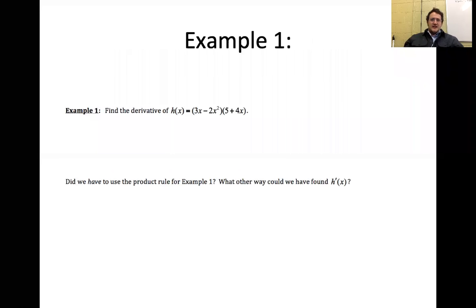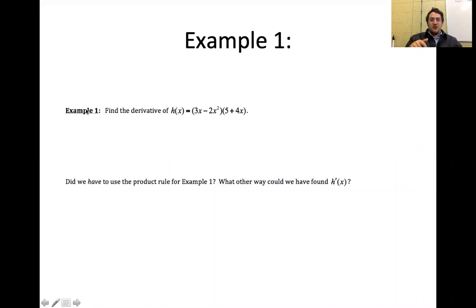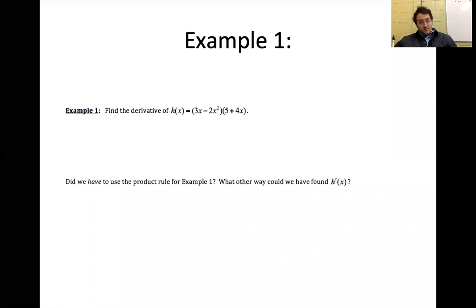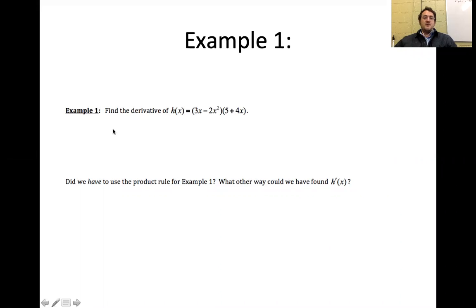Now, example one, you could do the polynomial multiplication or the FOIL and then get it into a power rule. If you really like the power rule and sing high praises to that, you could do that here. But what we could do instead is just use the product rule.